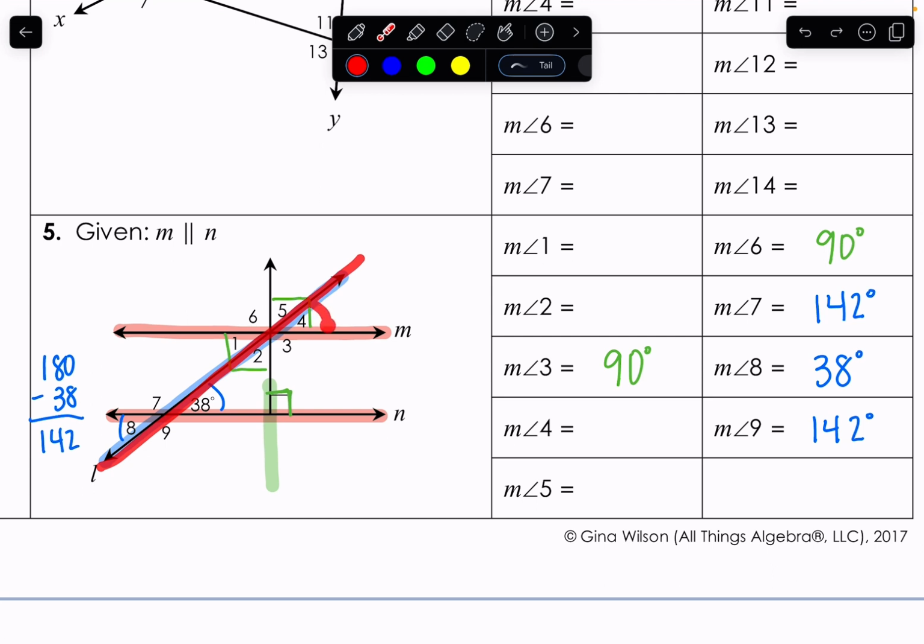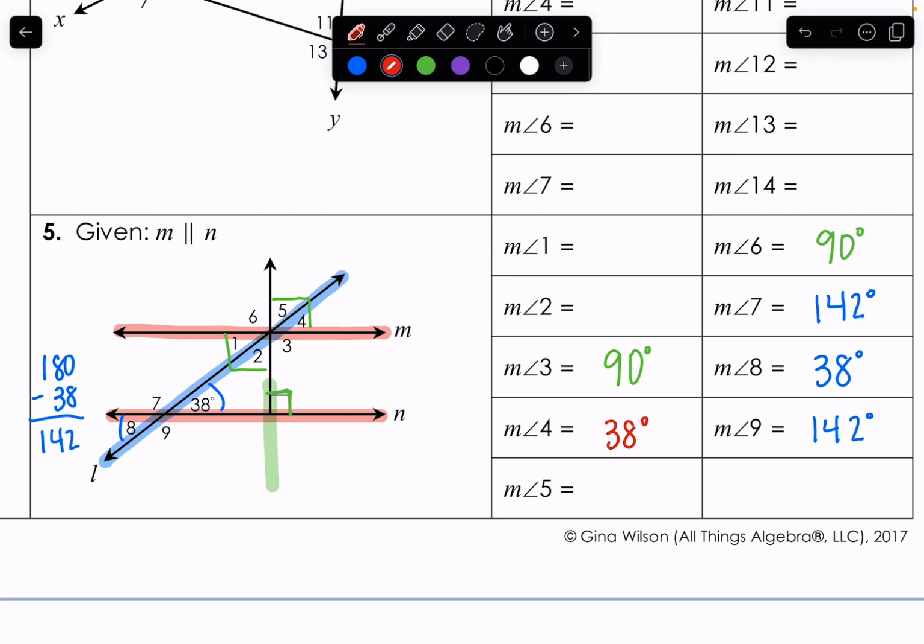Those are called corresponding angles. So angle 4 is 38 degrees because we know that corresponding angles have the same measurement.